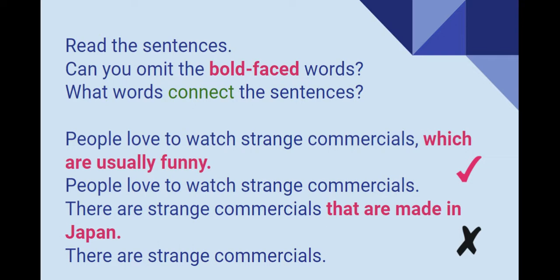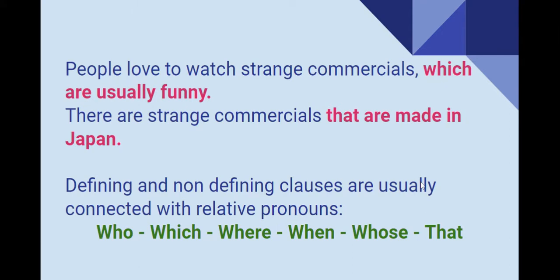Now, the words that are connecting the sentences in this case are which and that. Today we're talking about relative clauses, so let's see. Defining and non-defining relative clauses usually connect with relative pronouns.